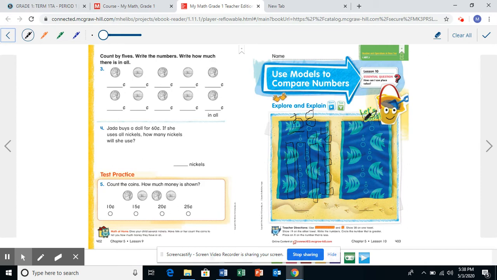For the number 19, my 10 base cube is going to be 1. I'm not going to count them because I know that when there is a 10 base cube, there is 10 here.